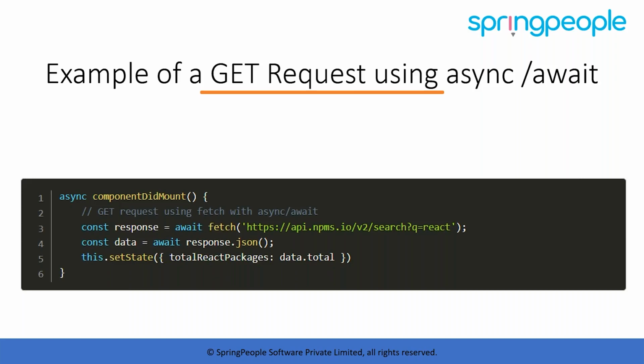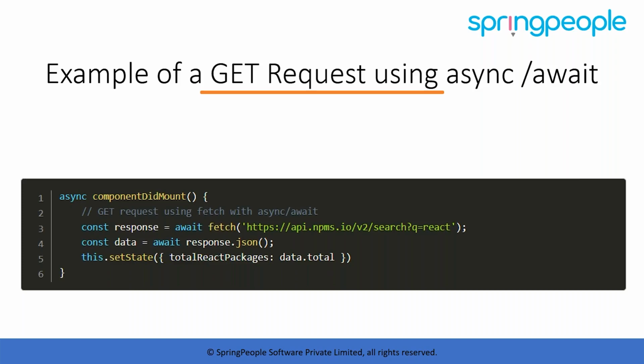So what you are seeing here is an example of how to work with async and await inside a class component. I am using the componentDidMount functionality here to handle a simple asynchronous call.